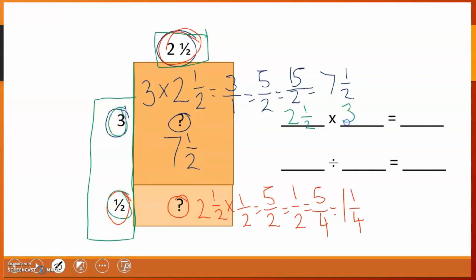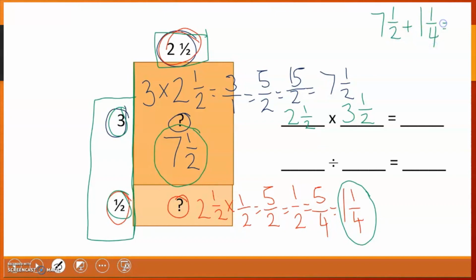Oh, 3.5. That could be a tricky multiplication problem, but I know that I can just take the numbers of my question marks of my area model and add them together. 7 1/2 plus 1 1/4. And you can do that on scrap paper to give you a product of 8 3/4.